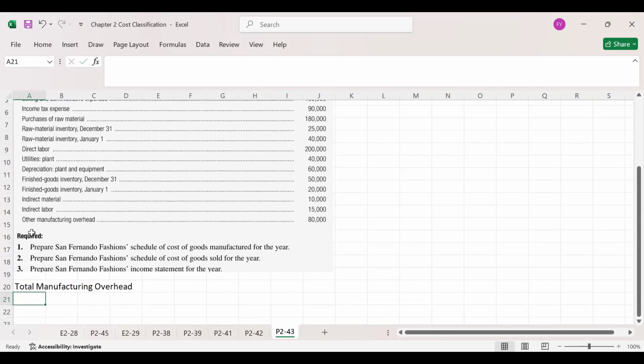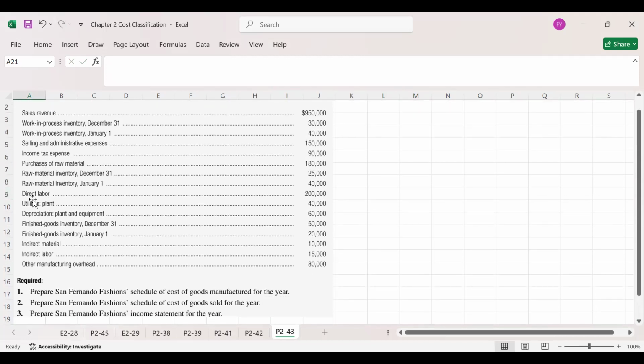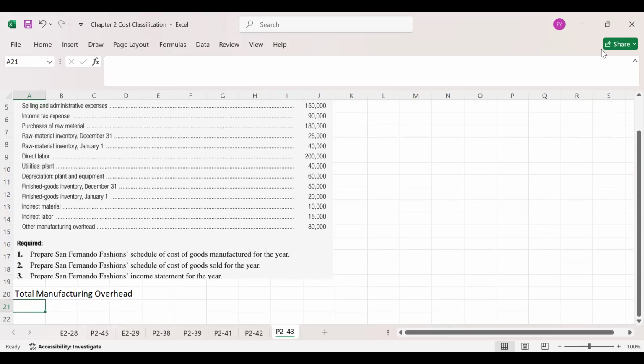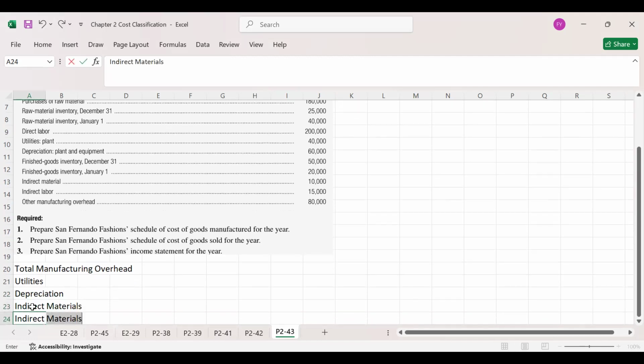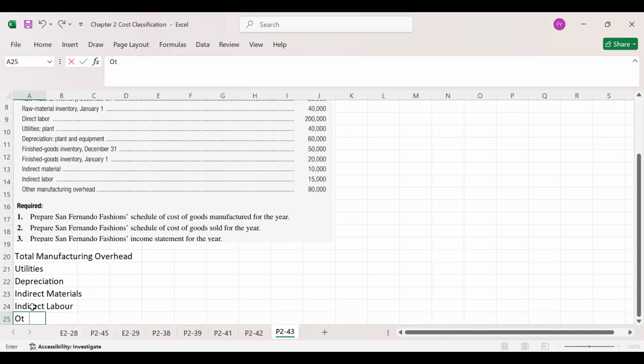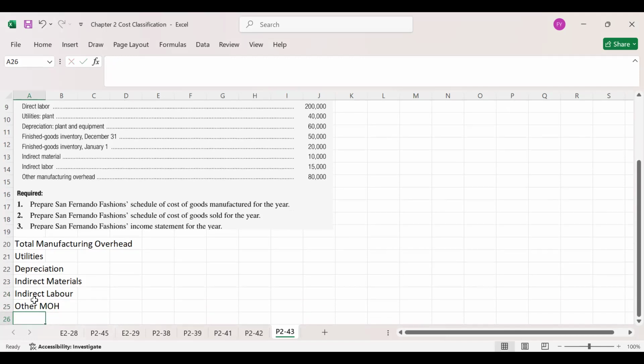So total manufacturing overhead includes, as we have discussed, utilities, depreciation, indirect material, indirect labor, and other MOH. So we have utilities of the plant, depreciation of the plant and equipment, indirect materials, indirect labor, and other MOH cost is also given.